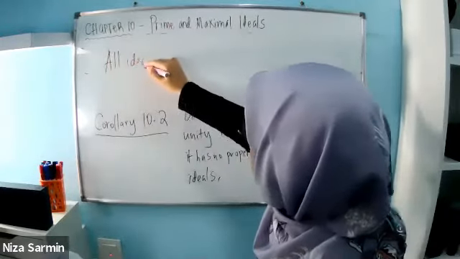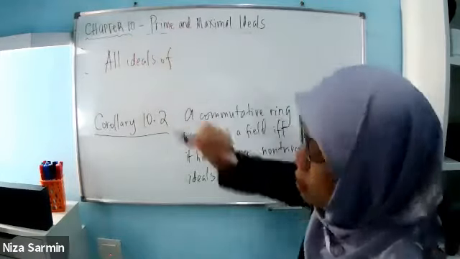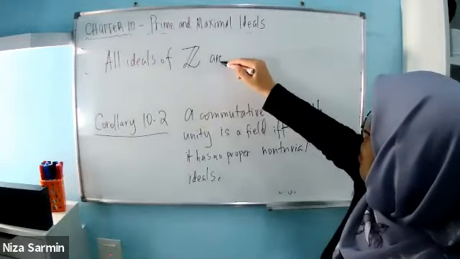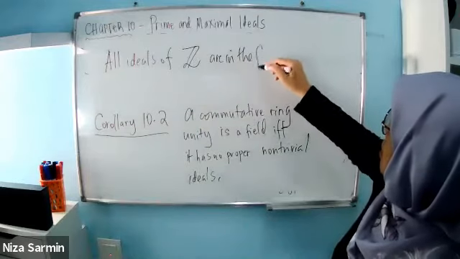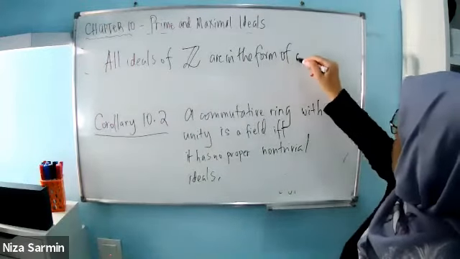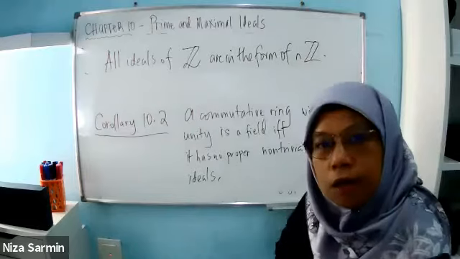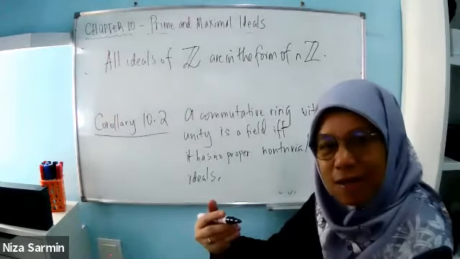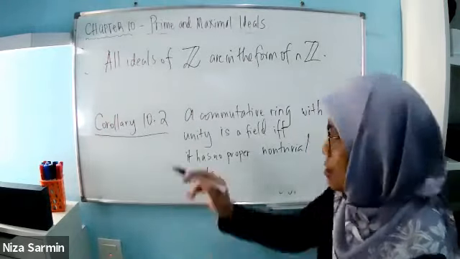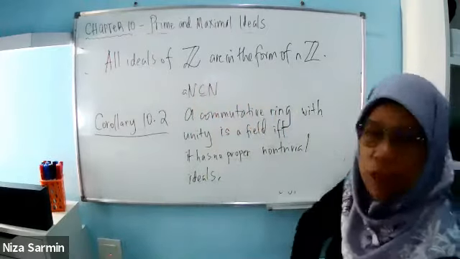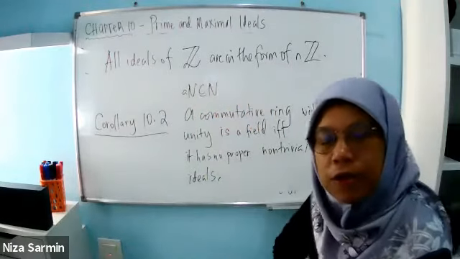Now this is interesting. All ideals of Z are in the form nZ. Because we want to multiply, right? Remember, an is in nZ. So if it's in this form, you can just rewrite.